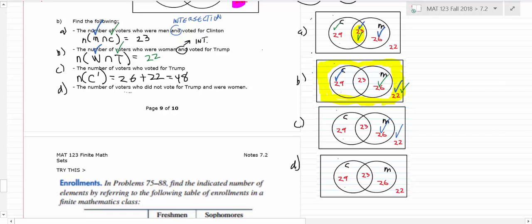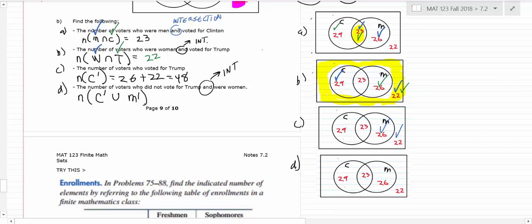And then the last one says the number of voters who voted for Trump and were women. Now again, that's set intersection. What this is saying is that you voted for Trump. A Trump voter would be that you didn't vote for Clinton, and a woman would be that you're not a man.